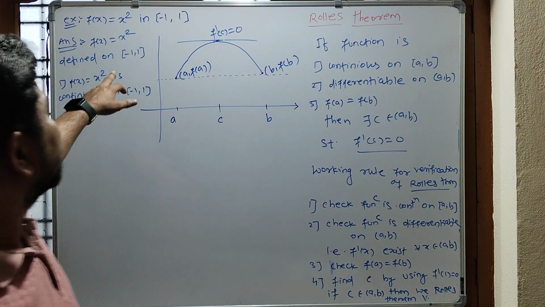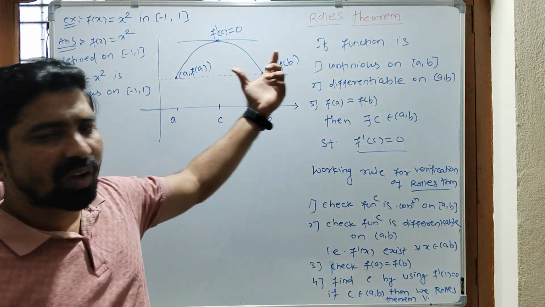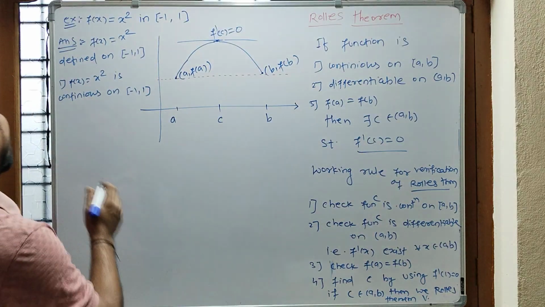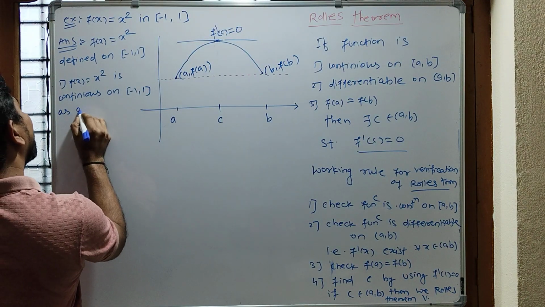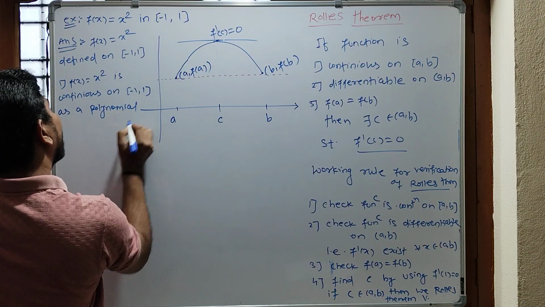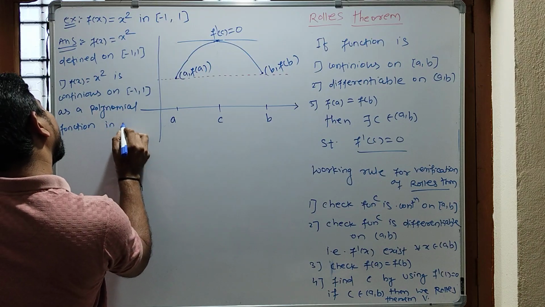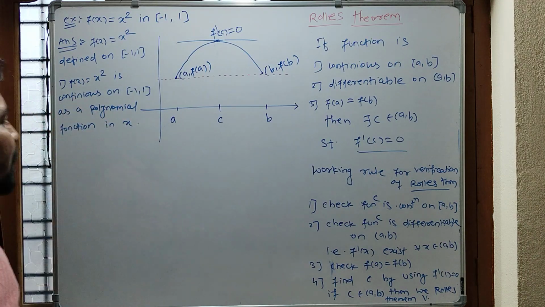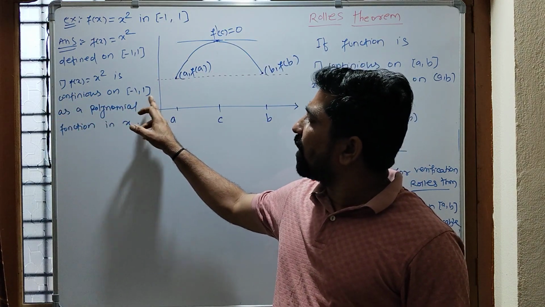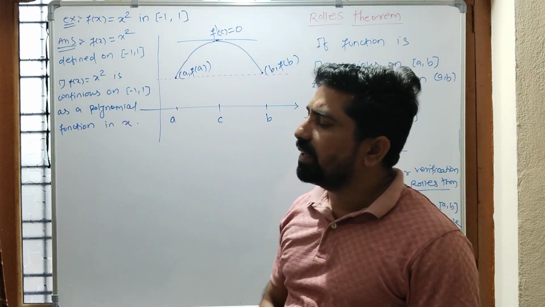Since f of x equal to x square is a polynomial, which is continuous on R, it is therefore continuous on the closed interval -1 to 1 as a polynomial function in x.